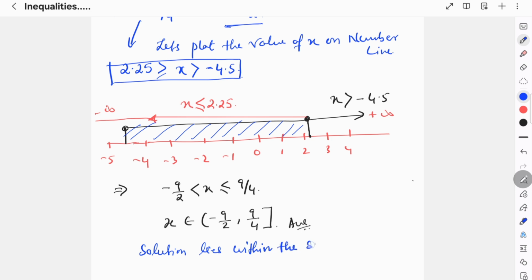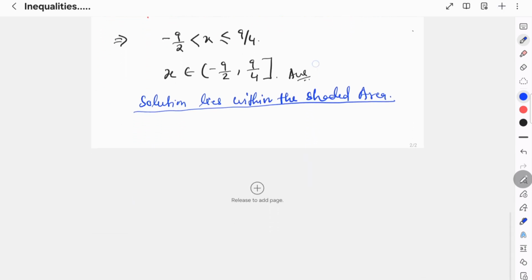So we will consider 9 by 4 and all the values which are less than 9 by 4. So this shaded portion gives us the solution. So the value of x will lie within this shaded portion.